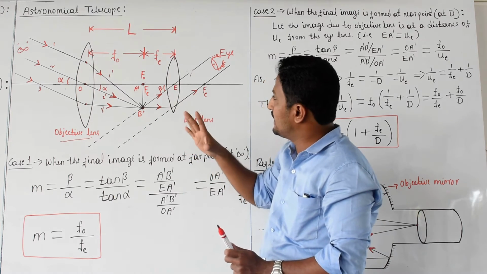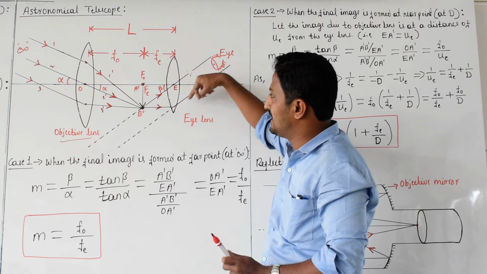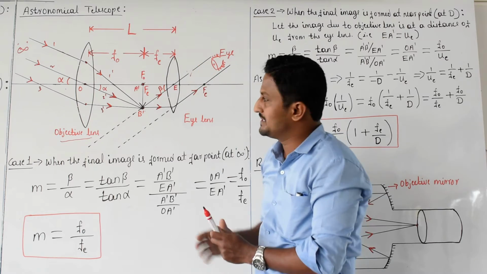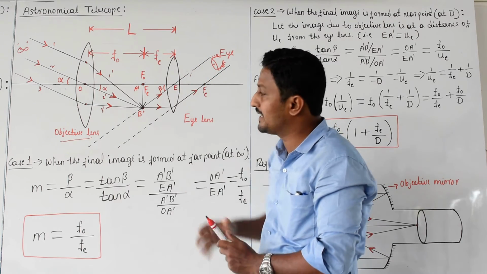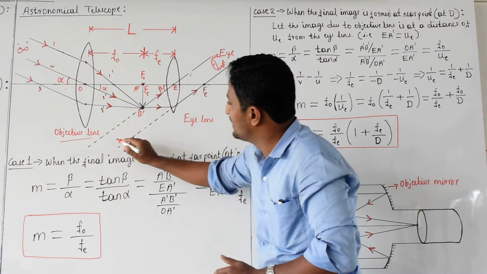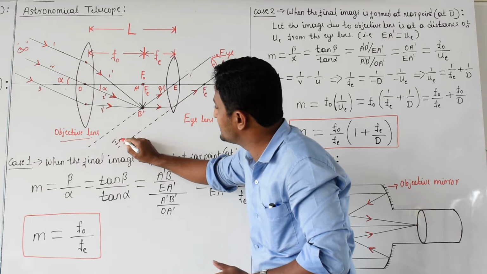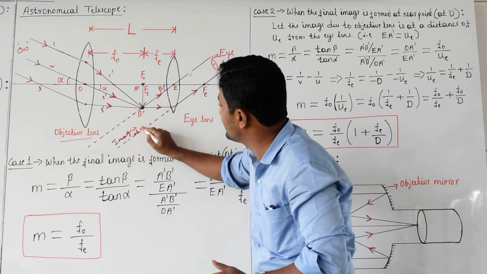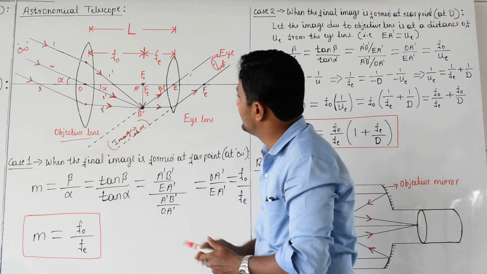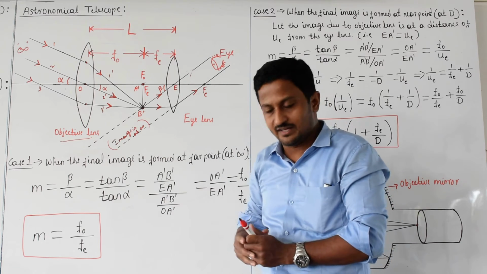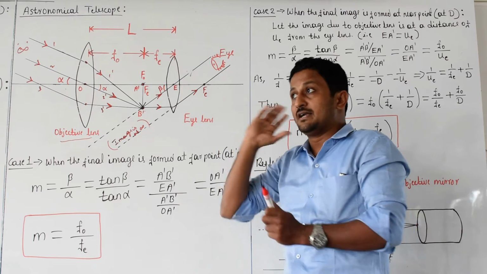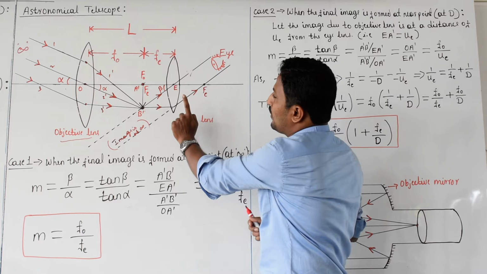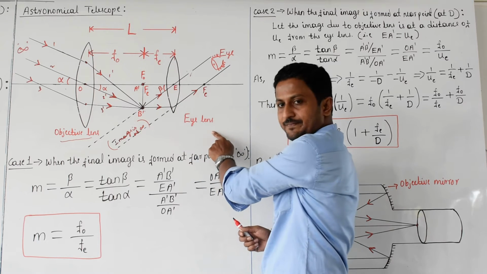Now see here. This is the eye lens. In this ray diagram, with this adjustment, the final image is at infinity. Look here. What we did here is make some adjustment in that telescope. This is the eye lens.